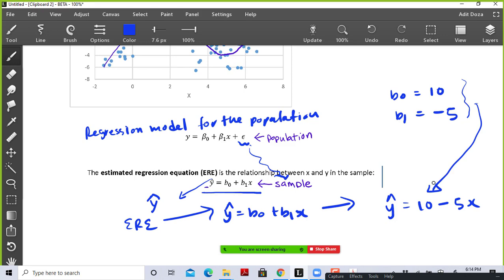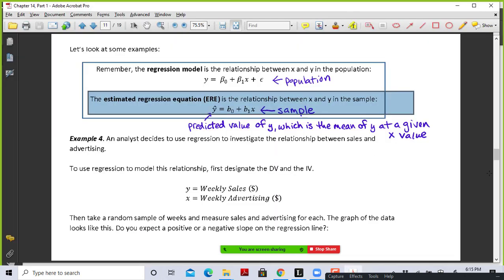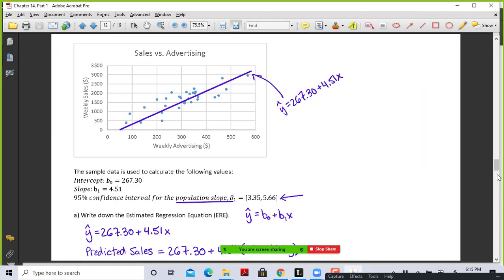For this example, beta 0 and beta 1 were given, so you just plugged in the values there.